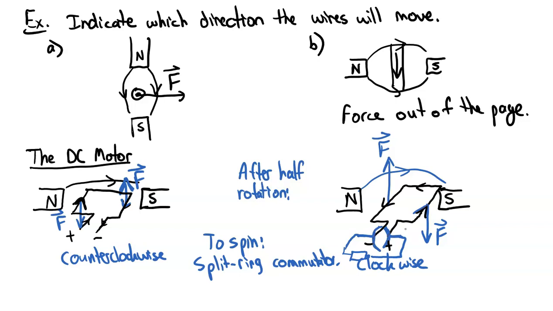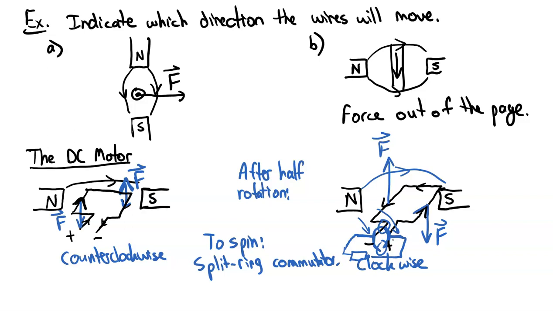Every half turn, you'll notice right here and right here, there's a little gap. So every half turn, these little metal brushes, this one here and this one here, touch the opposite side of that commutator. What that does is it switches the direction of the current.